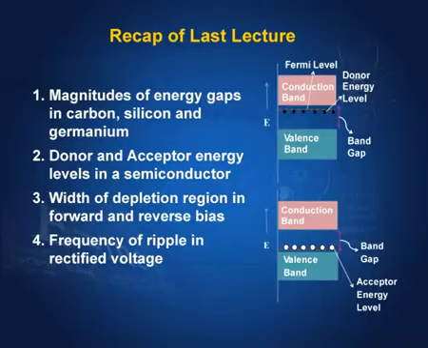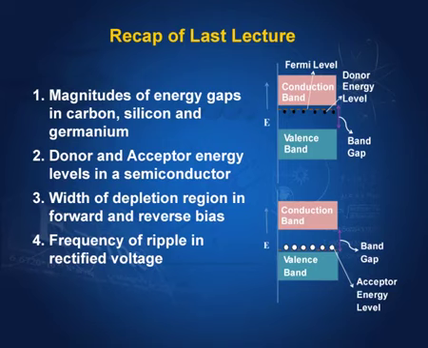In the last lecture we had many examples, and through those examples I tried to explain to you the concepts that you have learned in this part of your course. We learned, for example, that the donor energy level is very close to the conduction band and the acceptor energy level is very close to the valence band.